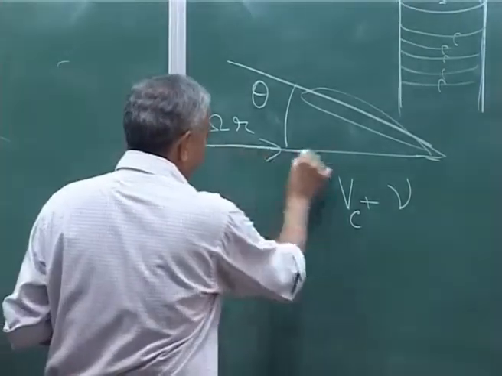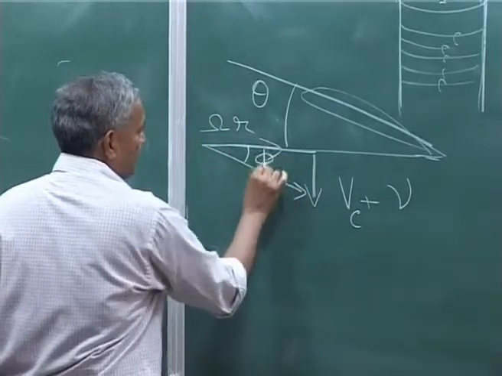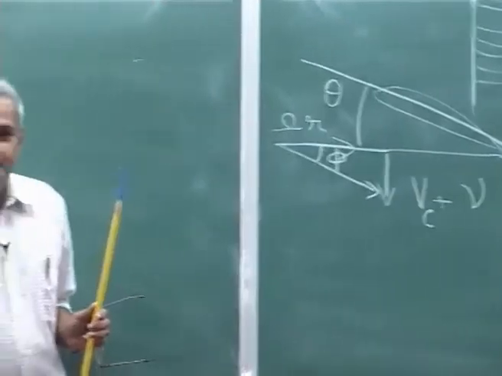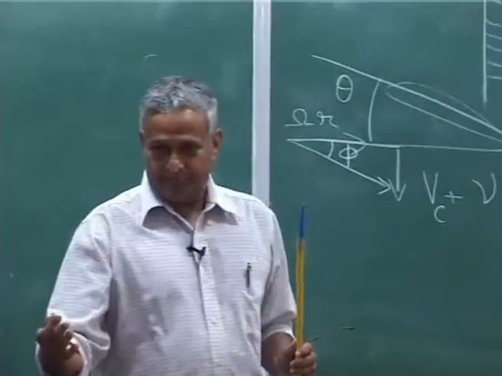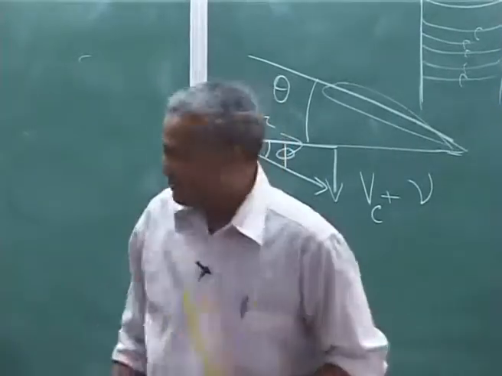So, this is the phi. Phi is the change because of the normal flow.